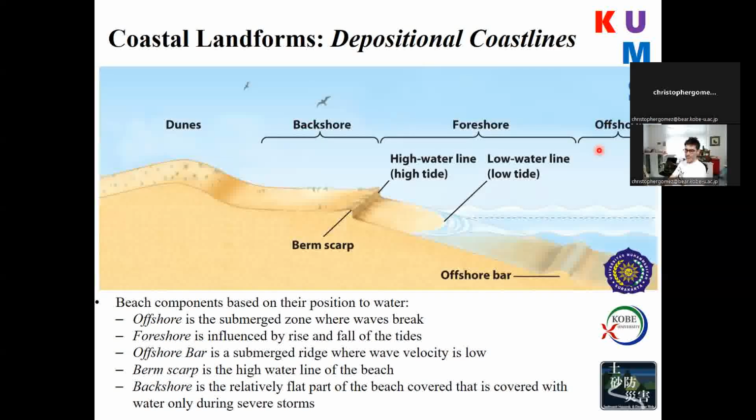So the beach components based on their position to water are: offshore, which is the submerged zone where waves break; the foreshore, which is influenced by rise and fall of the tides; the offshore bar, which is the submerged ridge where wave velocity is low; the berm scarp, which is the high water line of the beach; and the backshore, which is a relatively flat area covered with water only during very severe storms.